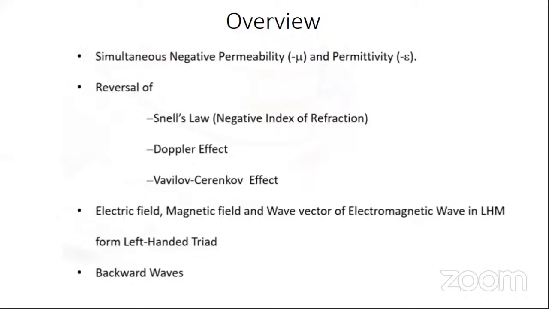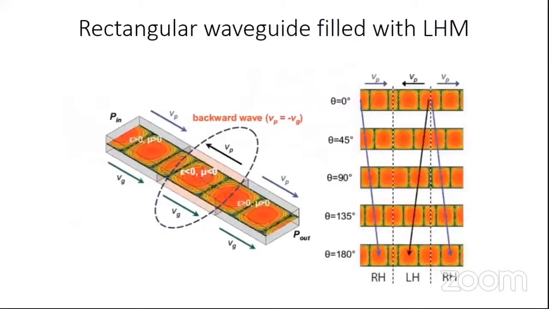All these effects or laws get reversed when mu and epsilon become negative. The electric field, magnetic field, and wave vector of an electromagnetic wave in LHM form the left-handed triad. That means backward waves. In this slide you can see the difference between the left-handed material and the right-handed material.